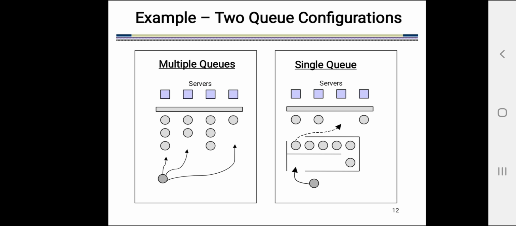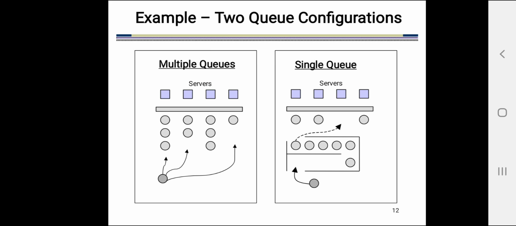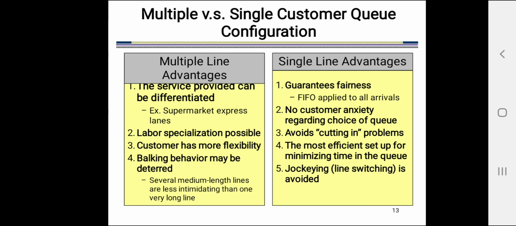And here a single queue system is there but four stations are there. Whichever is empty, just go and start your service. In this way there are two types of queue configuration systems. In multiple lines, an advantage is that the service provided can be differentiated, like supermarket express lanes.